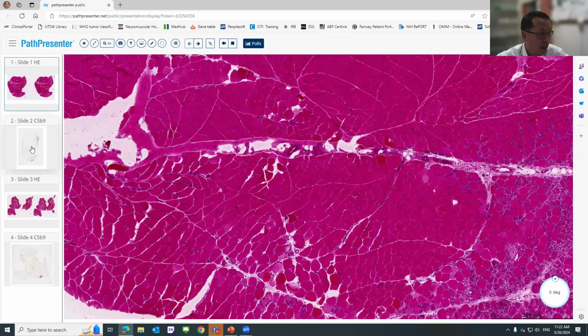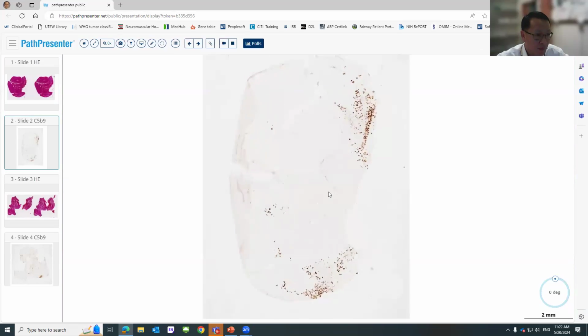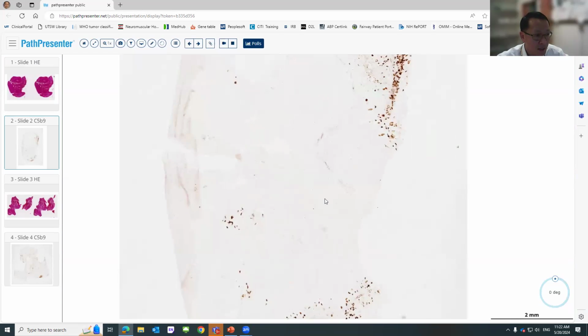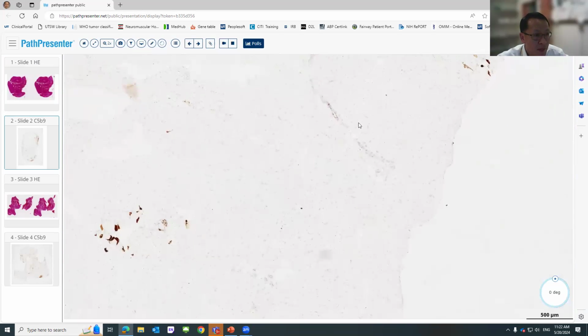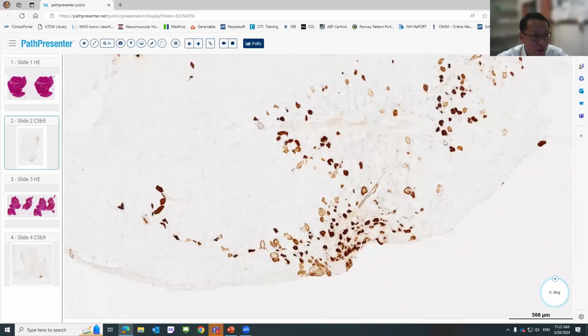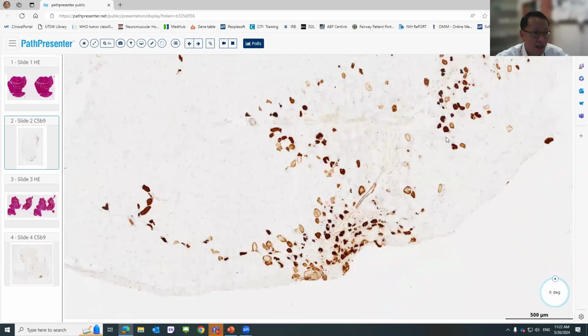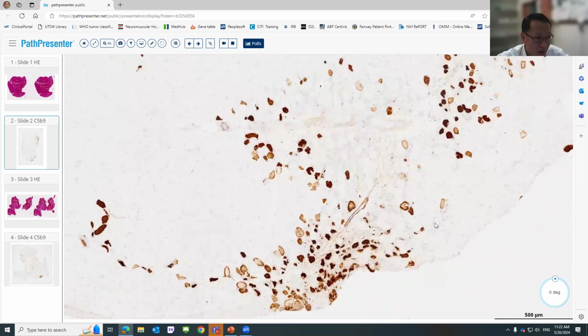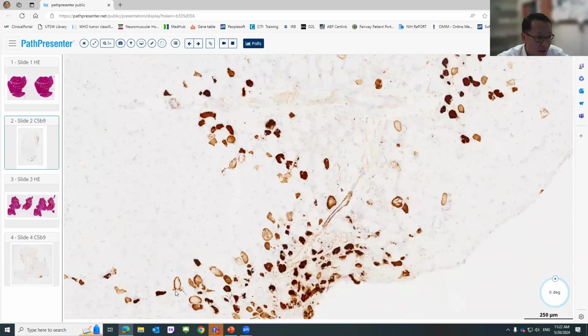And if you look at the C5b9 staining, there is minimal capillary staining, even in the area with massive necrosis. And when you look at these necrotic fibers, the acutely necrotic ones are strongly positive for the sarcoplasmic staining.